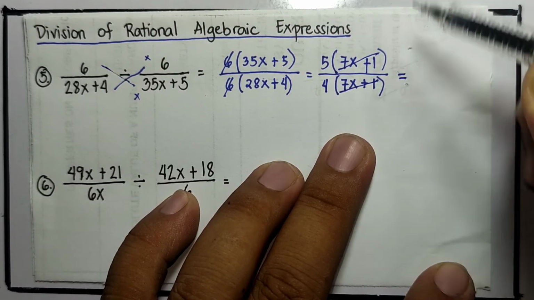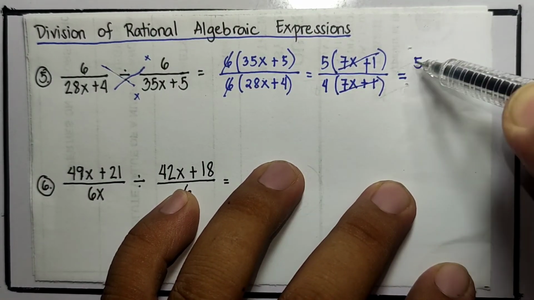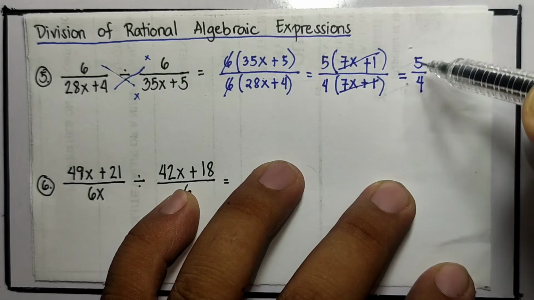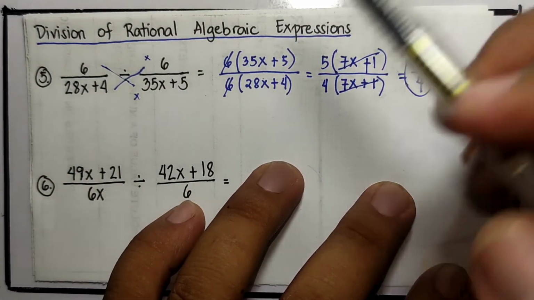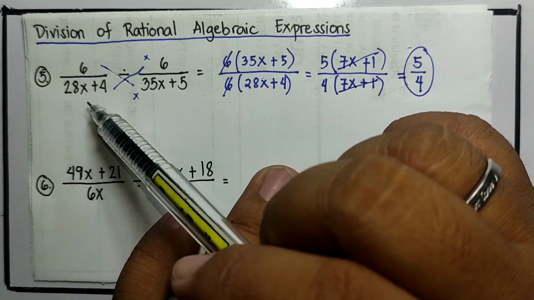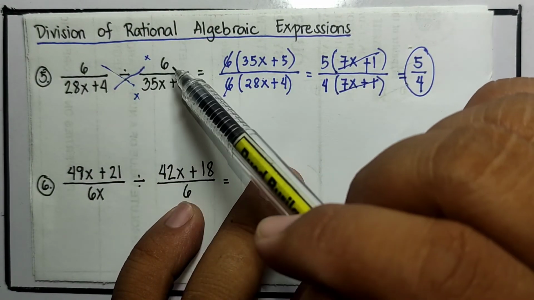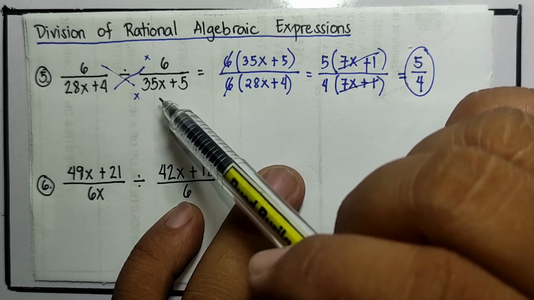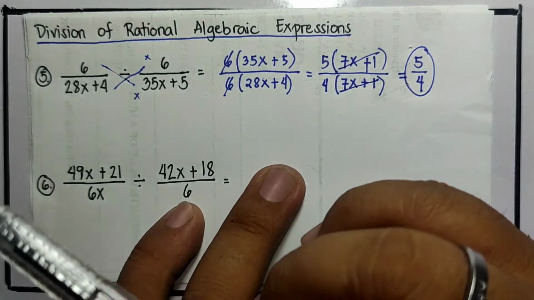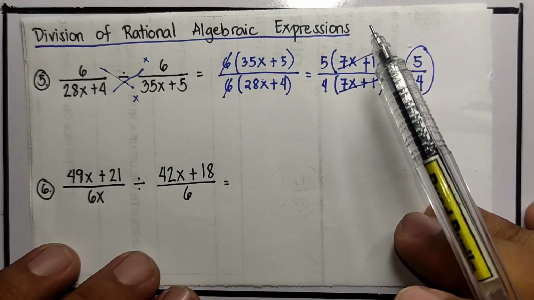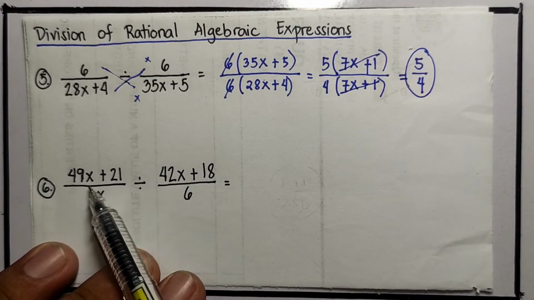The remaining is 5 over 4. And this would be the quotient of 6 over 28x plus 4 divided by 6 over 35x plus 5. Let's proceed to the sixth example.